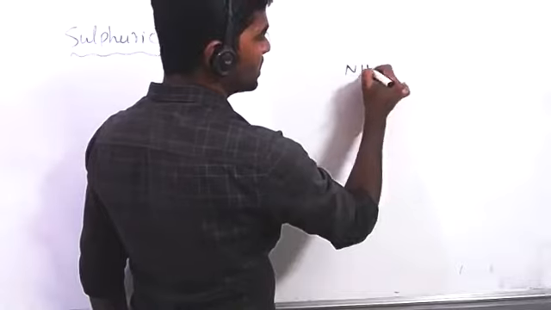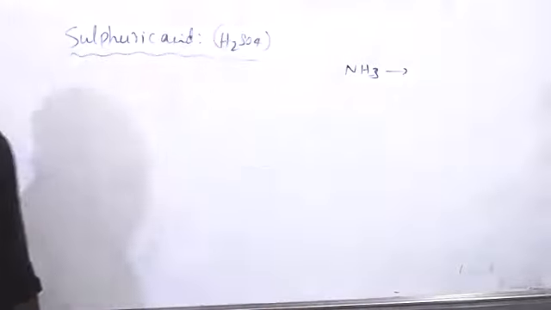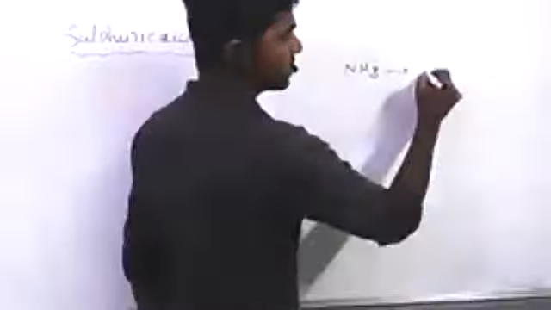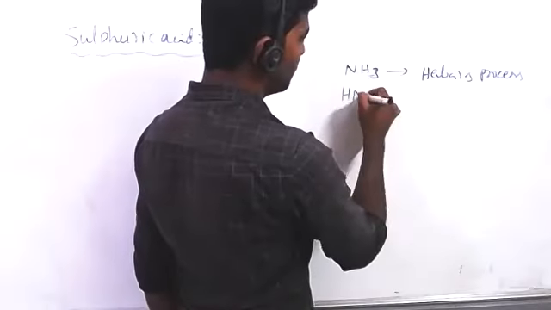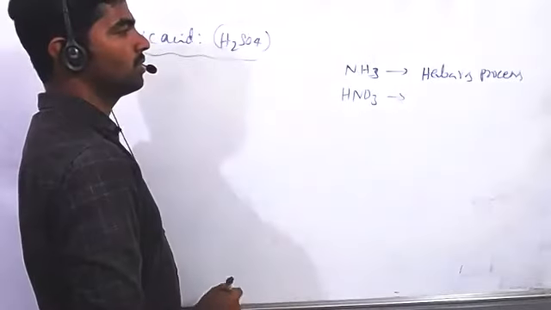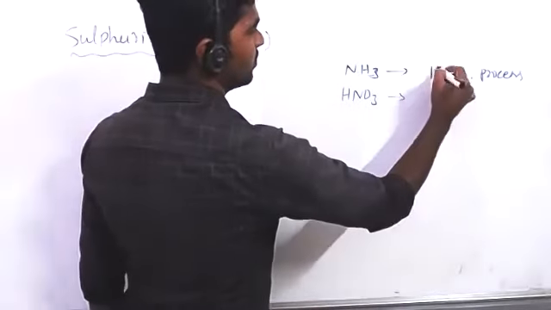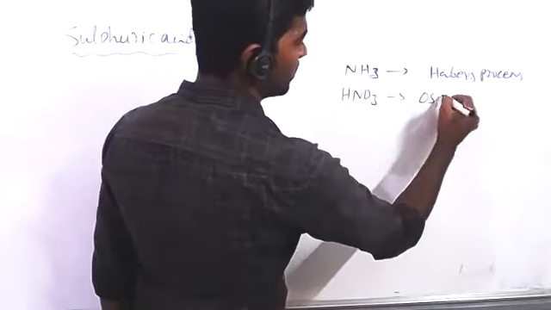By which process is ammonia prepared? Which process is involved in the preparation of ammonia? Haber's. Nitric acid? Sir, Ostwald. Very good, Ostwald. H2SO4?